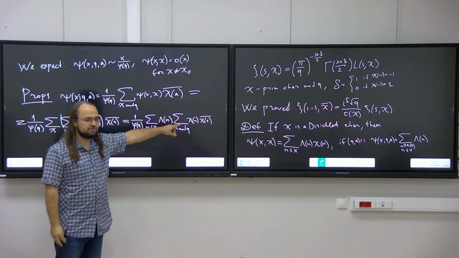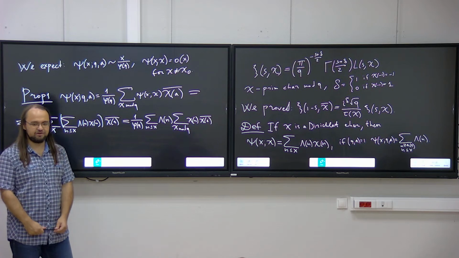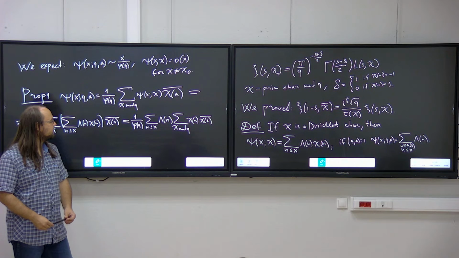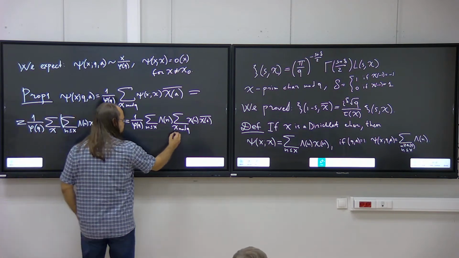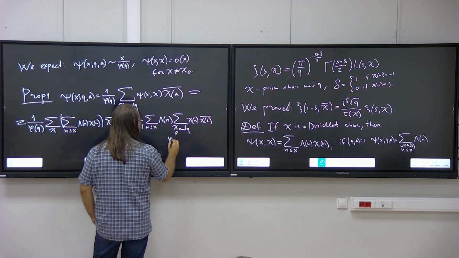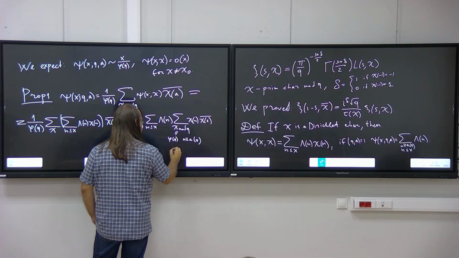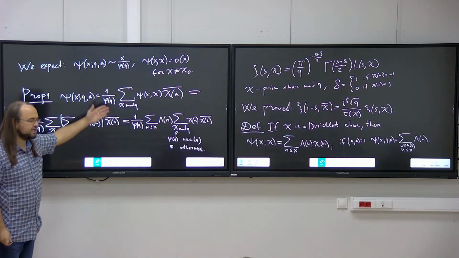And this sum inside is equal to phi of q if n is congruent to a modulo q, and 0 otherwise, right? So it is equal to phi of q if n is congruent to a modulo q, 0 otherwise. And so we get the desired result.